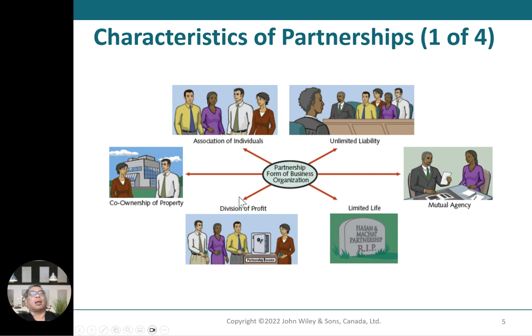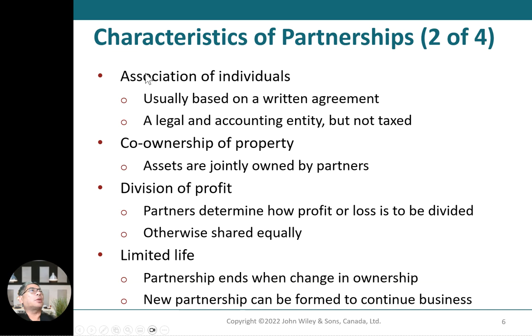That's the key part. There are quite a number of things that are disadvantages. The biggest disadvantage of partnership is actually unlimited liability. This is what I don't like. If my partnership goes bankrupt, then we're going to have trouble because they're going to go after my personal assets. Okay. So there's an association of individuals, usually based on a written agreement.